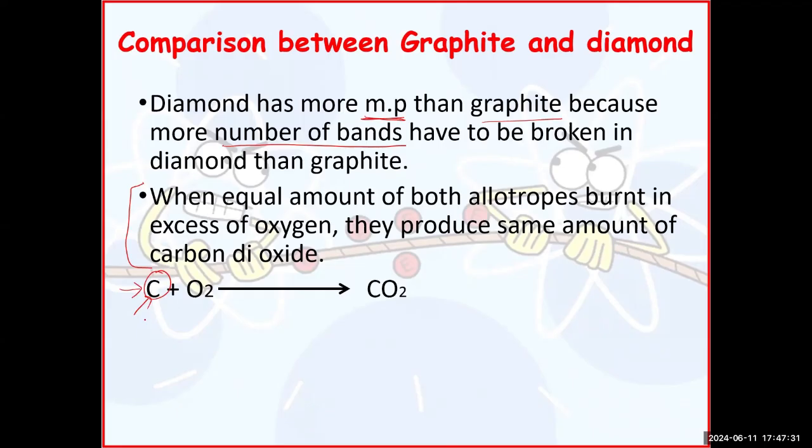So if you are taking an equal amount of carbon in a piece of diamond and a piece of graphite, and you burn it with some amount of oxygen, the amount of carbon dioxide produced will be the same. It means their chemical properties are going to be the same, but they are different in their physical properties.